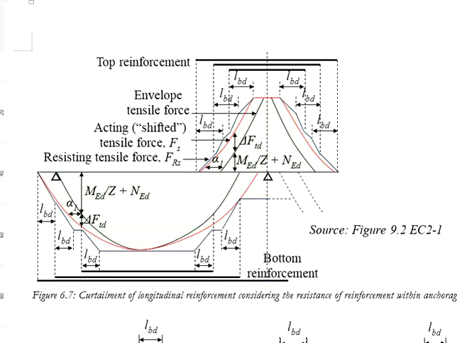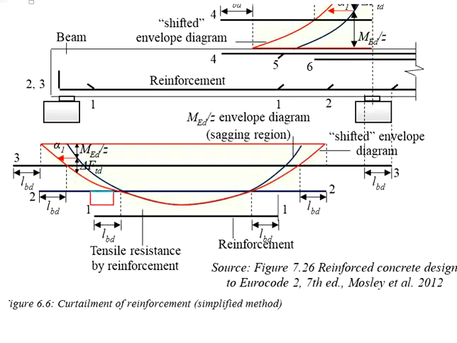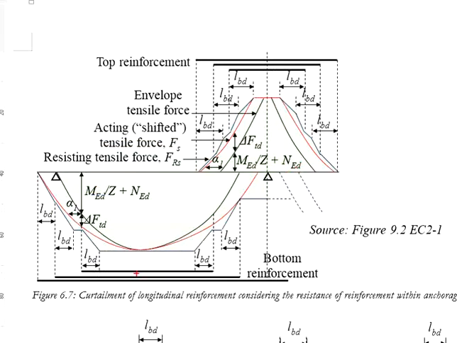This model is more complicated, especially when it considers the influence of the anchorage length. Instead of assuming there is no resistance provided by the reinforcement along the anchorage length, this is a more accurate method where you will see the development of the resistance along the anchorage length until it reaches the full strength of the tensile reinforcement.